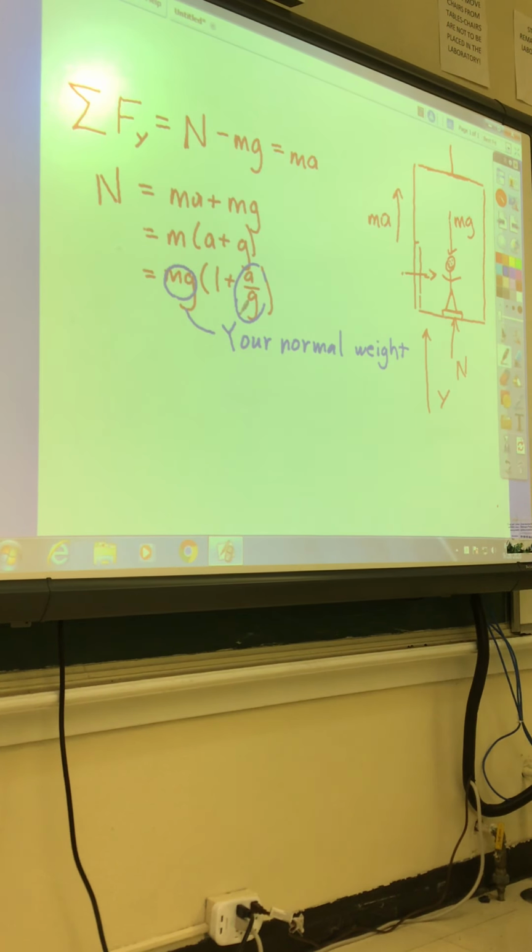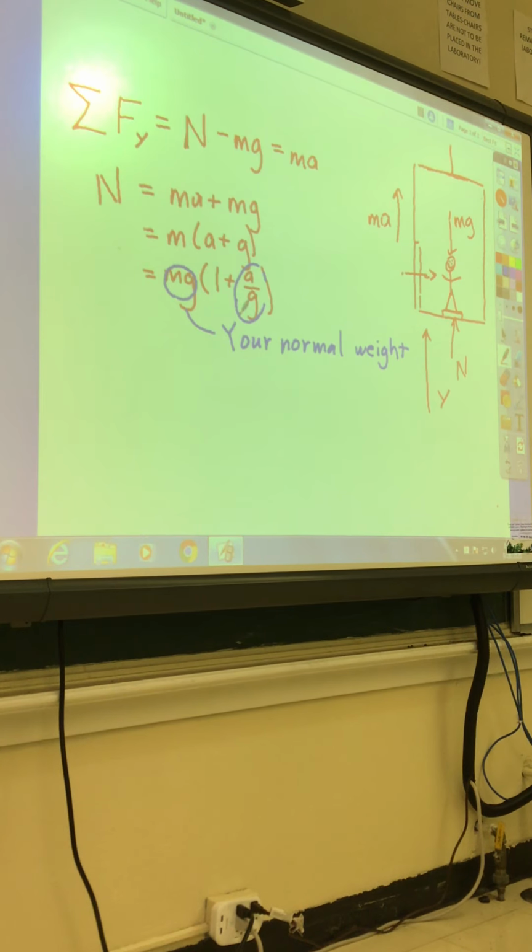Let's say the scale is reading 150 pounds, an average weight. You push the up button, and the 150 pounds is going to get higher, 160, 170, something like that. Then when the elevator reaches its terminal speed, it goes back to 150. As long as it's going up at a constant speed, it's 150.